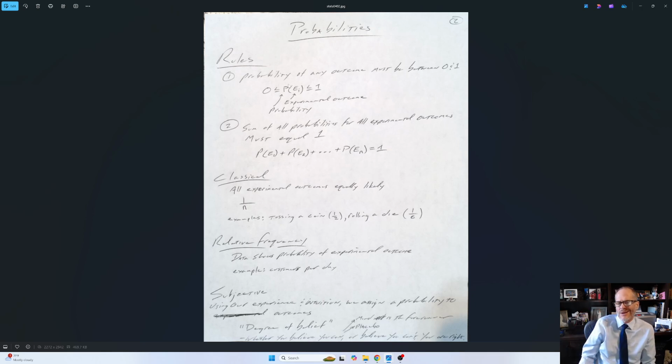The probability of any outcome or any event needs to be between 0 and 1. And when you look at the sample space, and this is the notation the book uses, so I keep wanting to say event when I look at that E, but the probability of all of the different outcomes in the sample space, when you add them up, also has to equal 1.